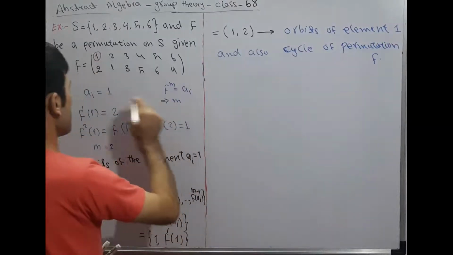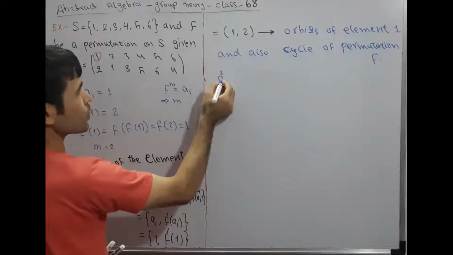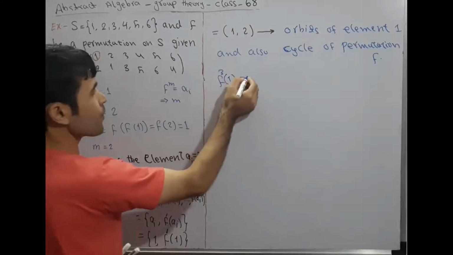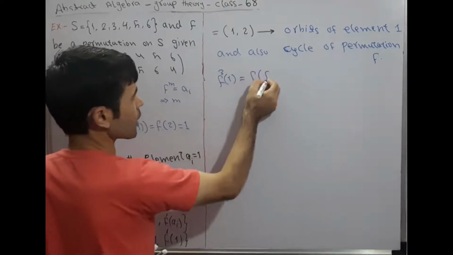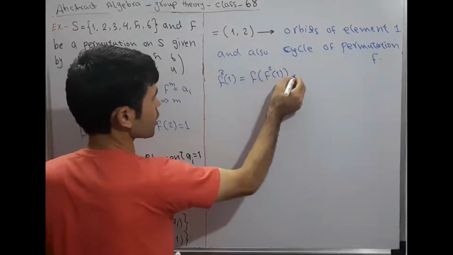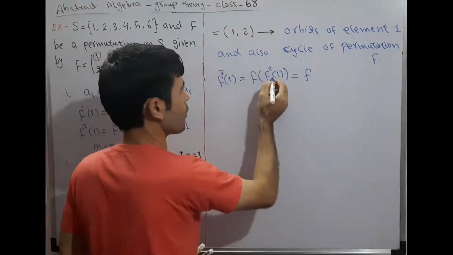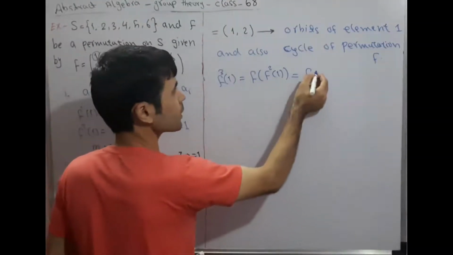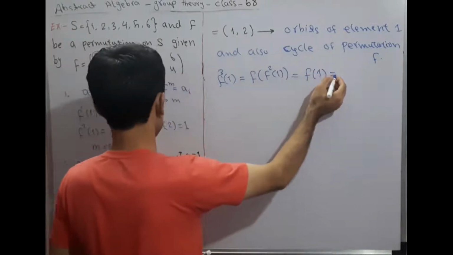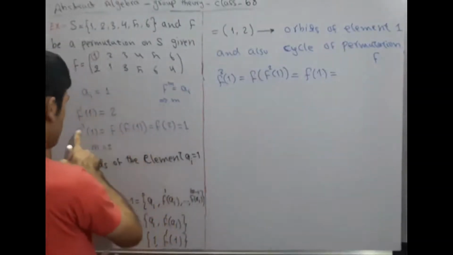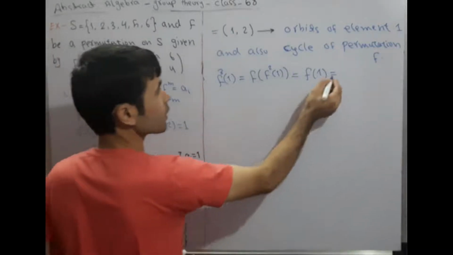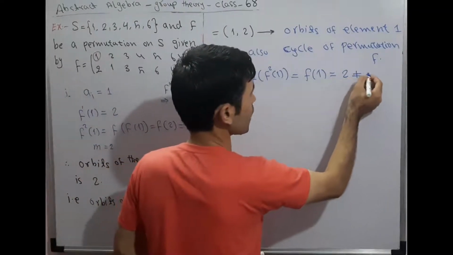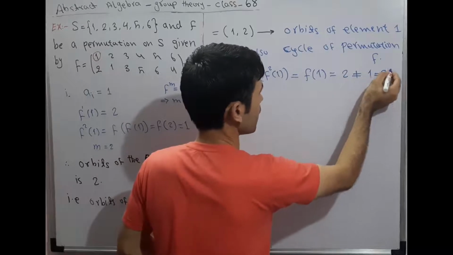Here, if we want to find f cubed of 1, it is equal to f of f squared of 1, which is f of 1, which is equal to 2. But it is not equal to ai.